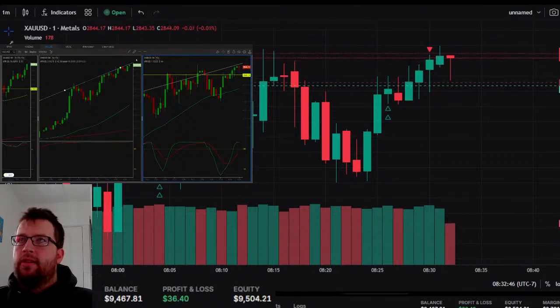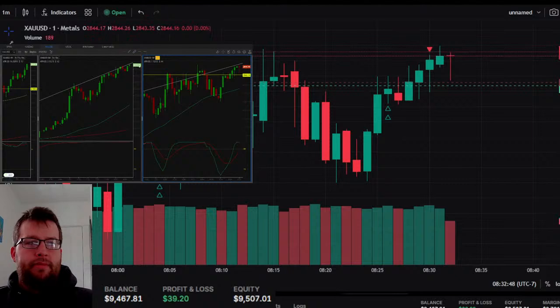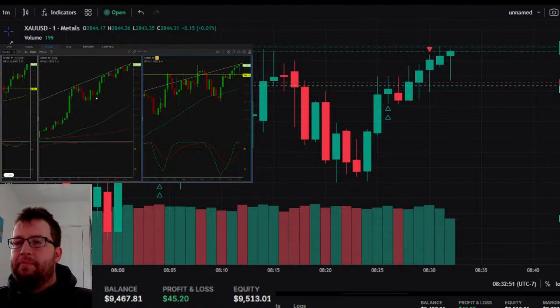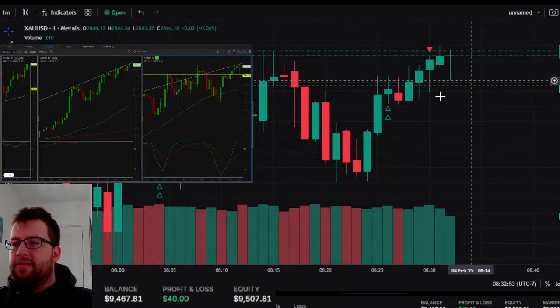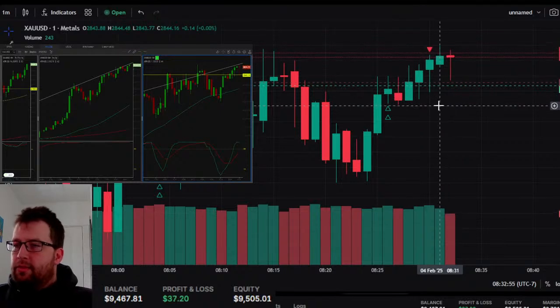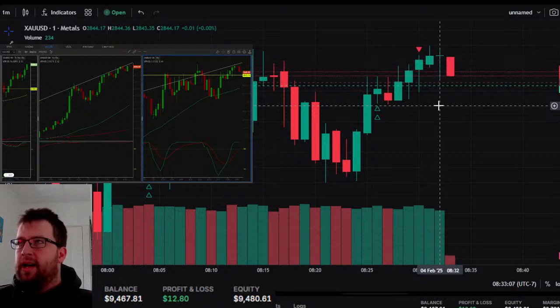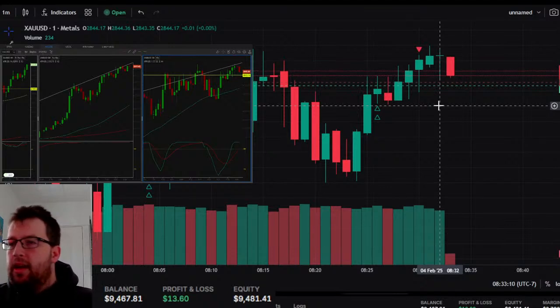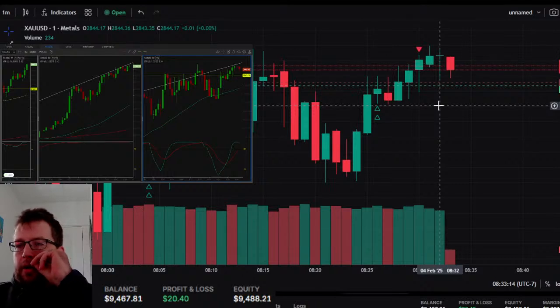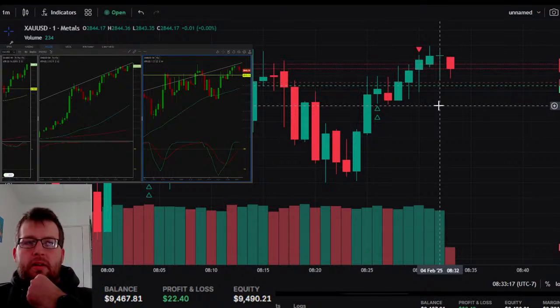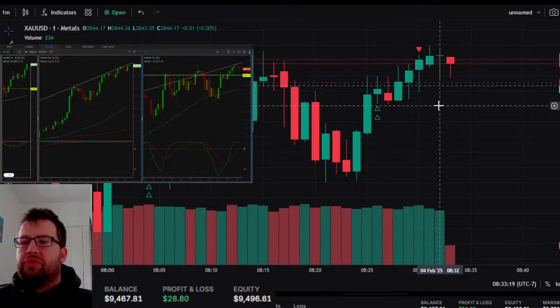At the very least, hopefully, I think we can follow this channel up, but we need to get enough distance from our entry to where we're not going to get stopped out over tiny bits of movement. It is actually pretty common. This is just based off my back testing where we get stopped out on a runner and then it just goes exactly where we would have wanted it to. But hey, we're protecting our profits, and that's just the trade plan.